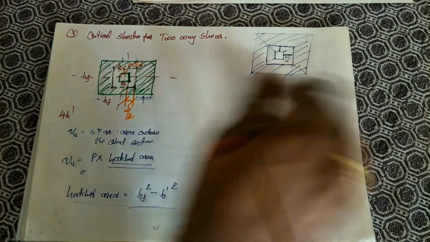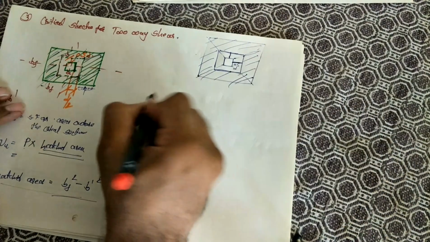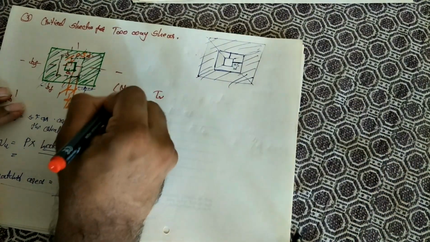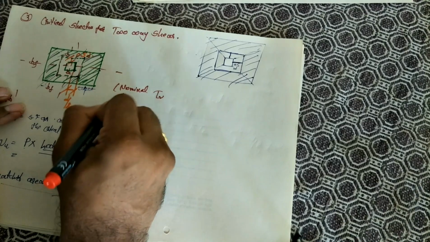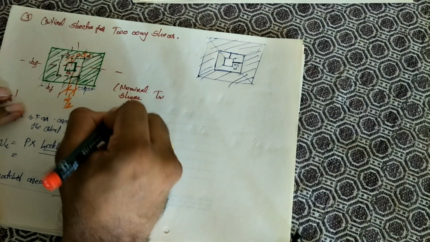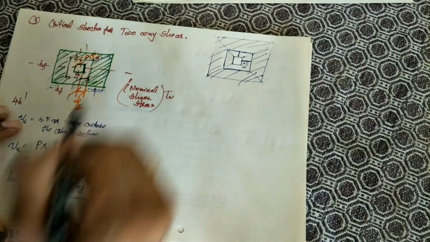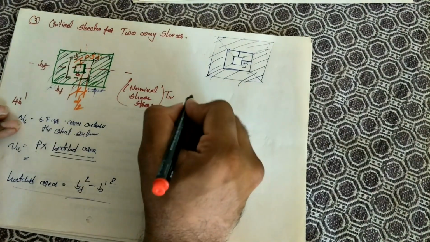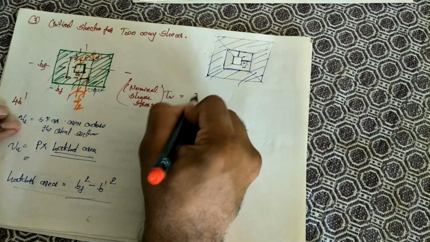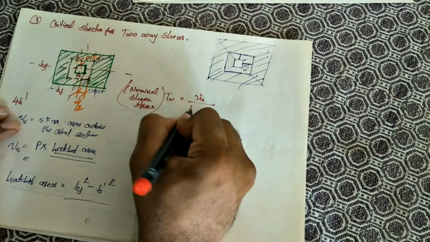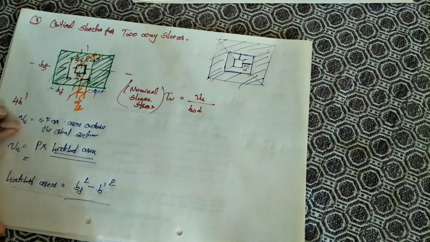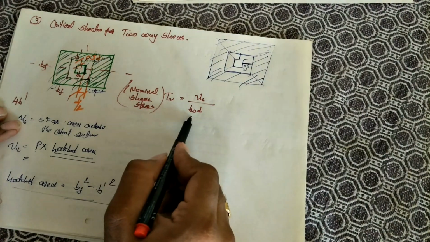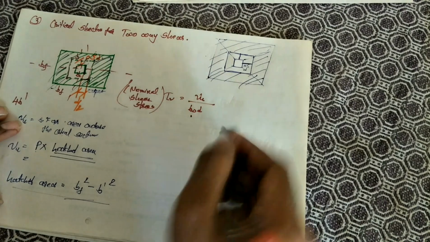Now the nominal shear stress tau v is equal to Vu divided by b0 into d. The equation is Vu divided by bd, but here b0 is the length of your critical section.